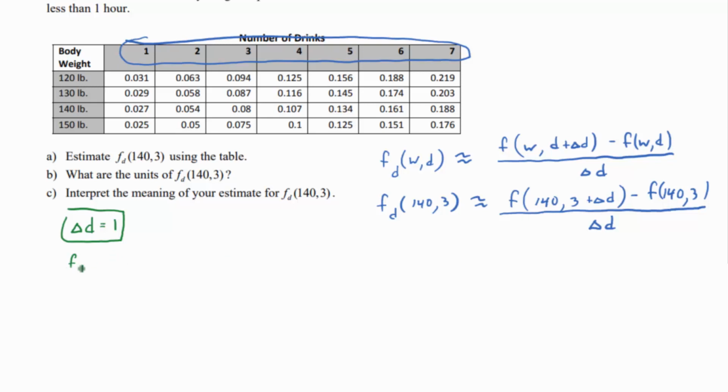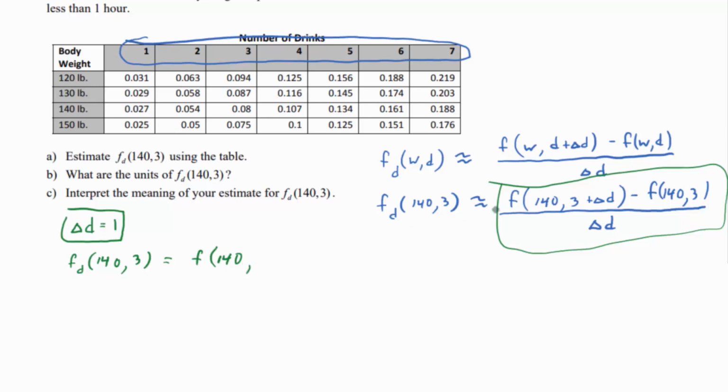What would this second formula give us? 140, comma 3 on the left side, and then we've got F of 140, and then what would this become? Somebody already said it. 4, and then minus F of 140, 3, all over 1, right? So I'm not going to write that down.